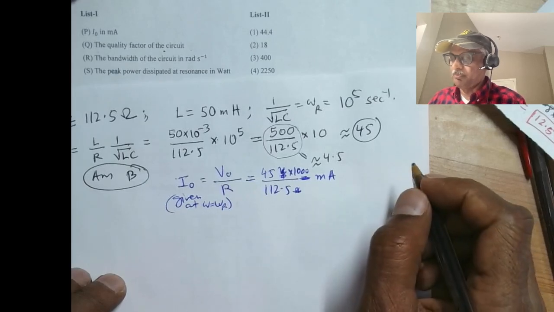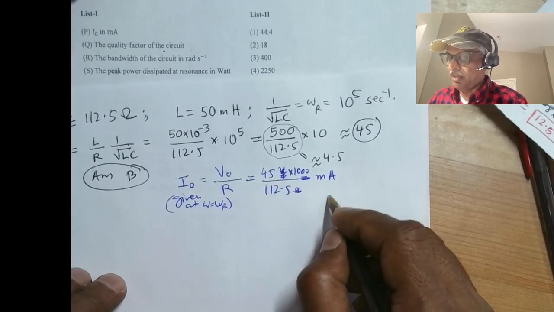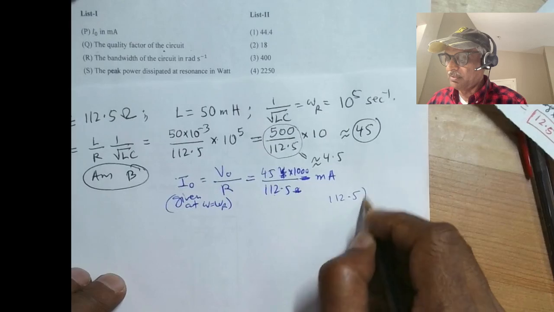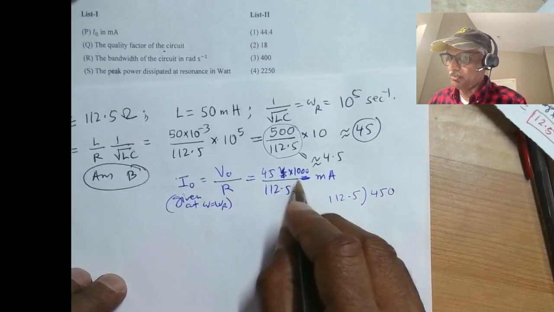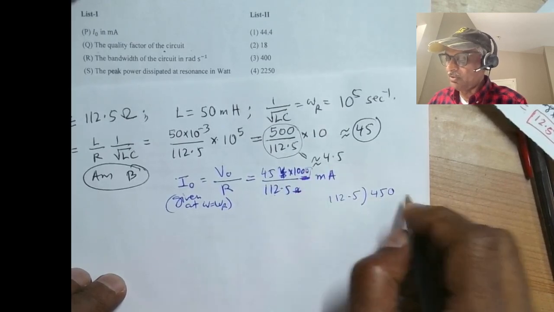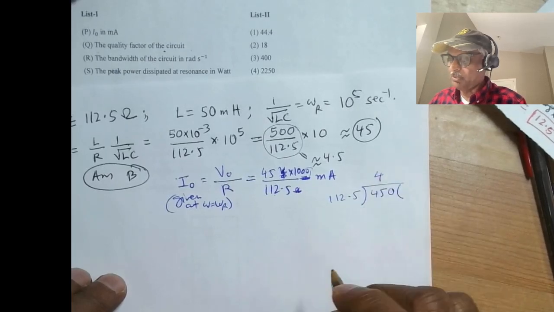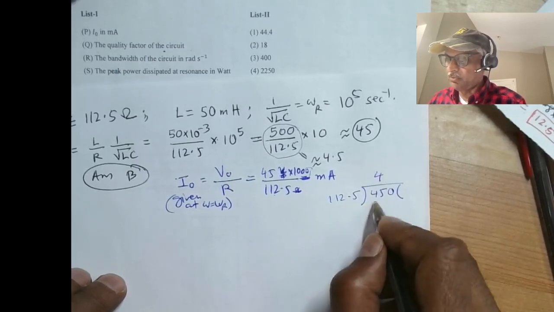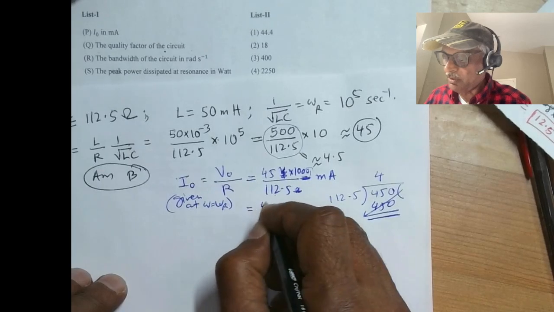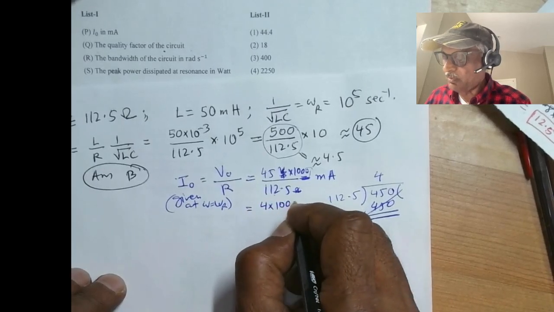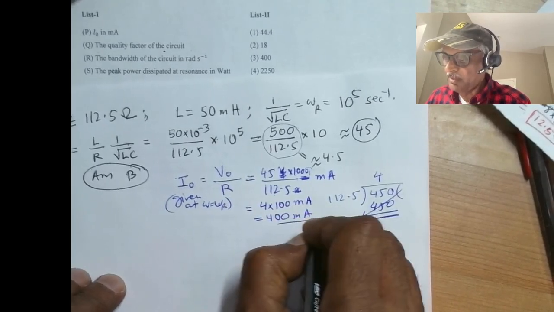So let's see, 112.5, 45, maybe take 1 0 out of it. So if I have 4 times this is 450. Okay, so this is 4 times 100 milliamp, and this is 400 milliamp.